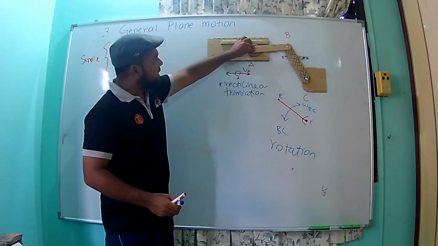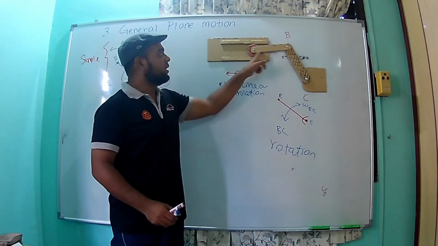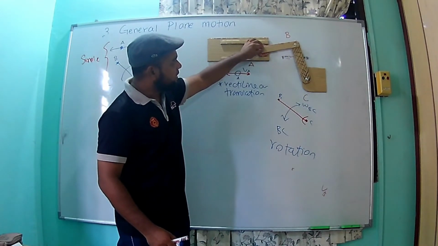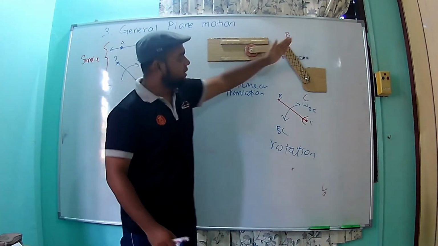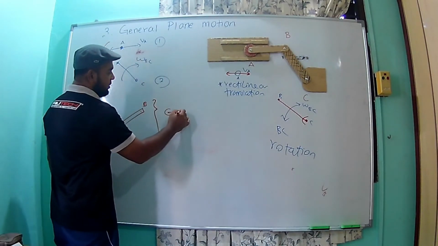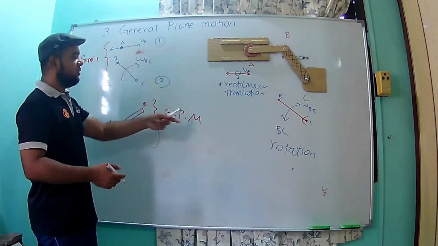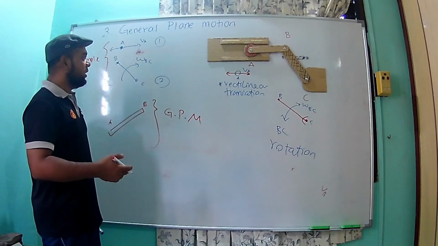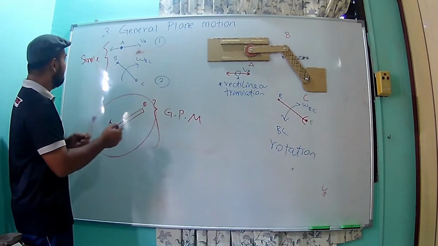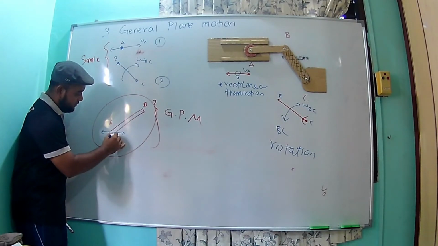A moves in rectilinear translation and B moves in rotation, but the component AB itself moves with a movement we cannot put in either category. It moves and goes upward at the same time, so we consider AB as general plane motion, neither rectilinear nor rotation. But notice that this general plane motion body has point A, the same point as the simple component, so point A will move in this direction.